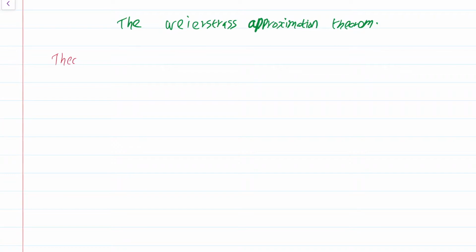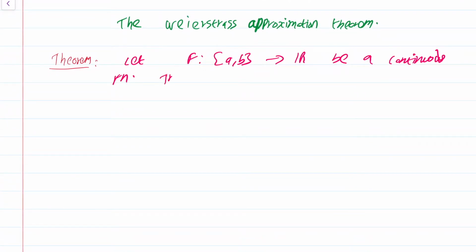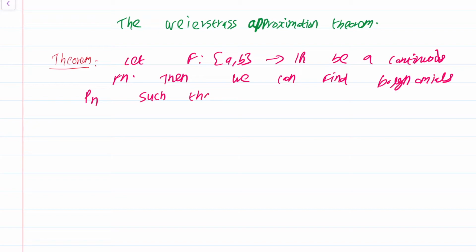Theorem: let f from closed interval [a, b] to R be a continuous function, then we can find polynomials Pn such that Pn converge to f uniformly on the closed interval [a, b].